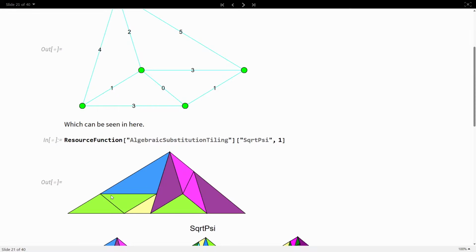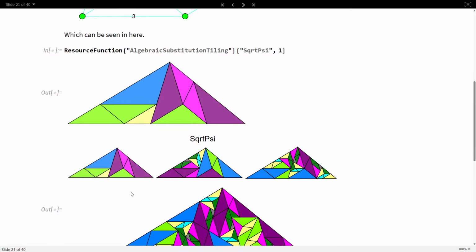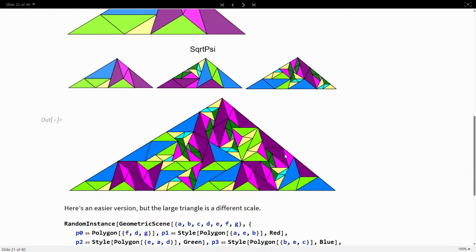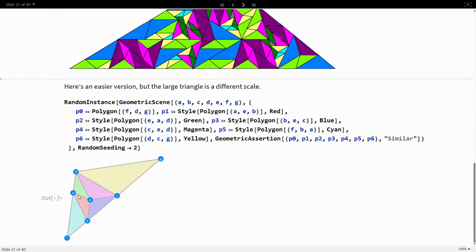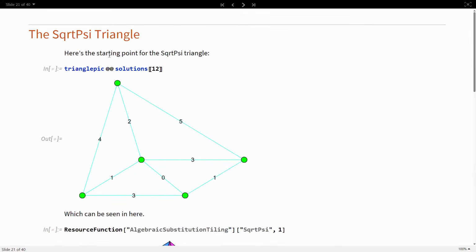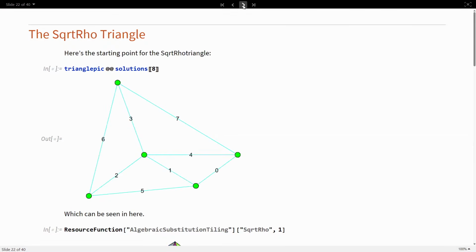So I added a few more triangles, and that way everything was a nice integral scale for a recursive tiling. And here's what it looks like when they're done multiple times. So here's Mathematica solving the easier version, where the similar triangles here are the items seen in the solution here. So that's three successes out of that experiment where I came up with completely new tiling systems.